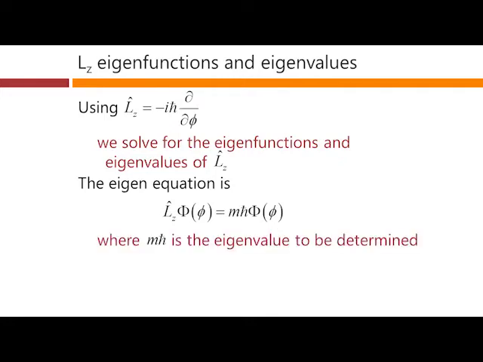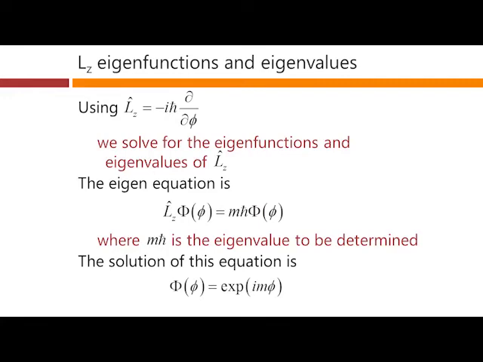And we have chosen to write that eigenvalue in the form m h bar. We've not yet figured out what this number is, but we're going to solve this eigenequation to deduce that. Rather obviously, you can check that a simple function of the form e to the i m phi would be a solution of this equation, and we would get m h bar here.